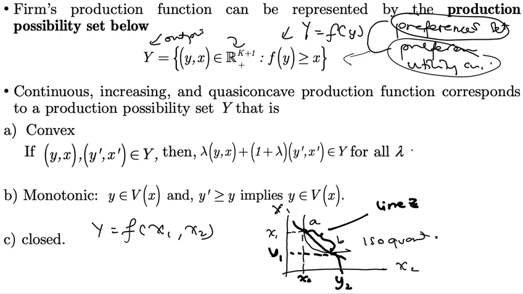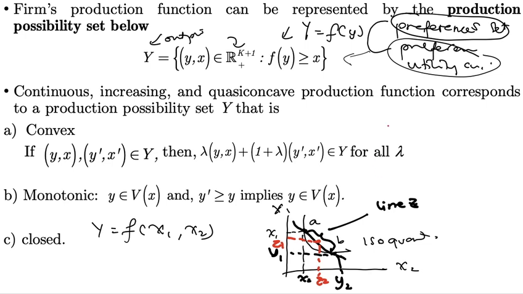Okay, so in this case, let's say I use a different color. Let's say I pick one point here along line Z, then I have another different bundle, call it Z1 here, Z2 here. So how many x1? Z1. How many x2? Z2. Input here, I'm talking about input, not talking about good 1, good 2 like in the utility function story.